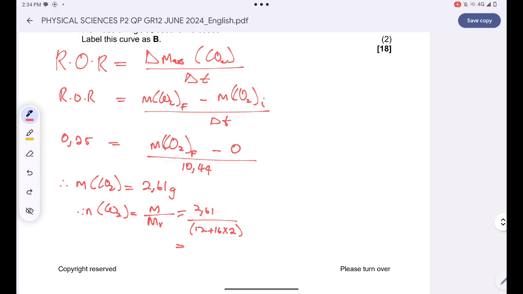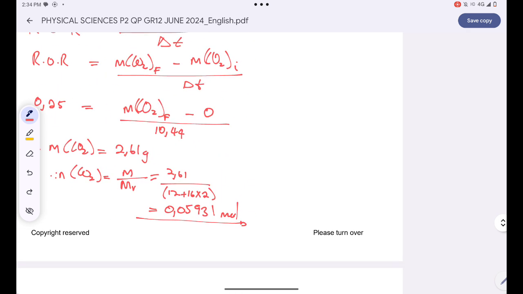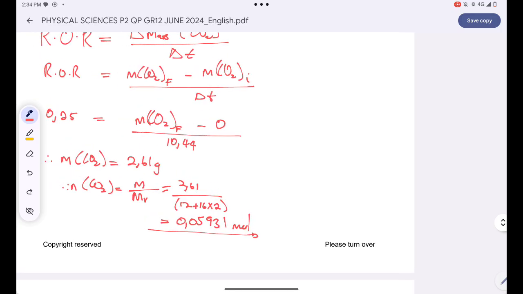I simply have 2.61 divided by 12 plus 16 times 2. Please, guys, do round off your answer to 4 decimal places. The number of moles of carbon dioxide that were formed is basically 0.0593.